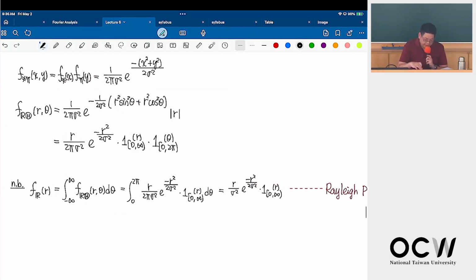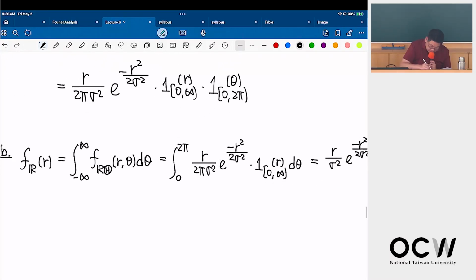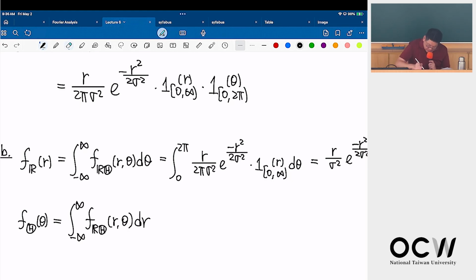And how about theta? The PDF of theta. The PDF of theta means I don't need the radius, so I do the integration with respect to r. So here I have dr, and we know the radius is from 0 to infinity.